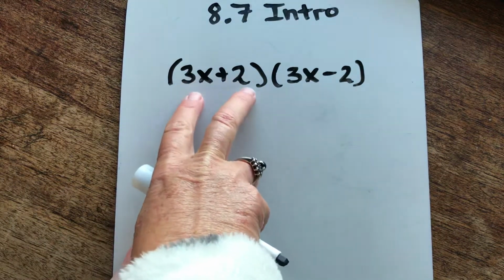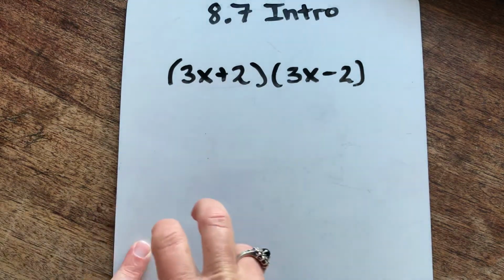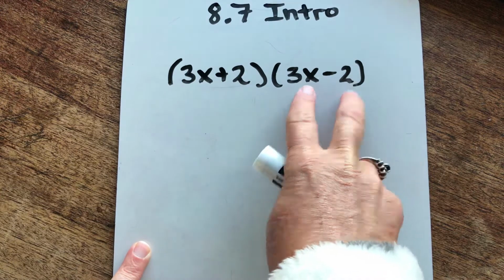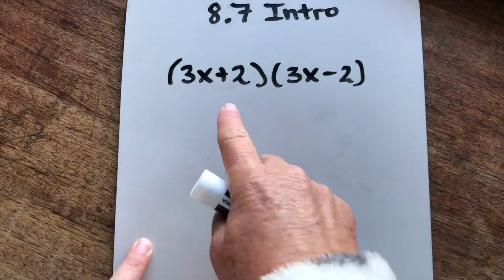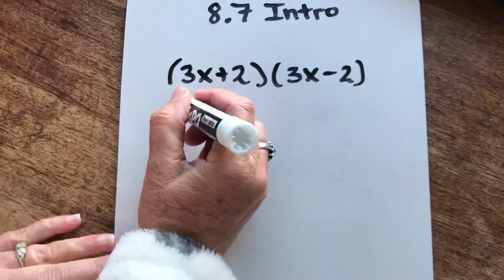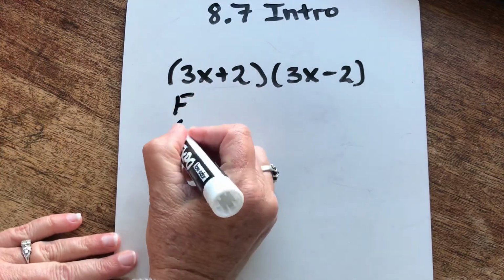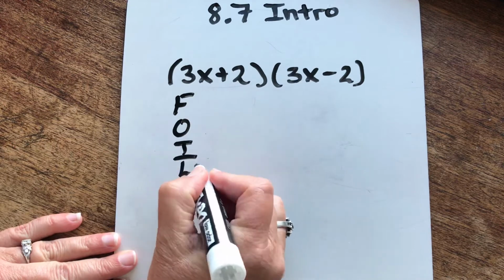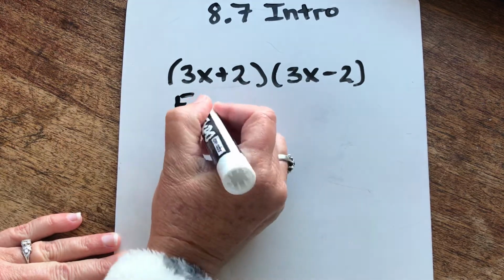It was a binomial, 1, 2, times another binomial, 1, 2, and they were exactly the same, but they had different signs. And conjugate binomials, when we multiplied them out, something really cool happened. So I'll use FOIL to re-examine this.